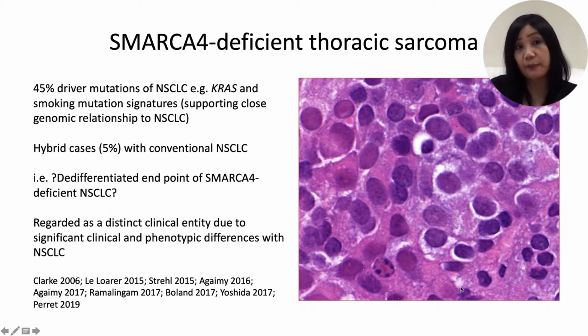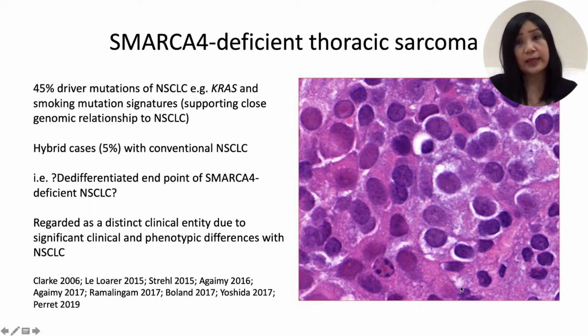So about 45% of these have driver mutations associated with non-small cell lung cancer, such as KRAS, and also smoking mutation signatures. Also, about 5% of these tumours are hybrid cases with conventional non-small cell lung cancer.